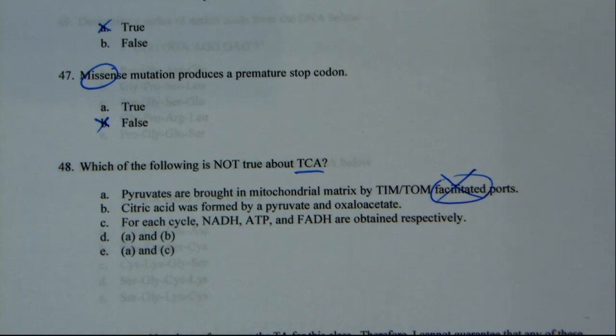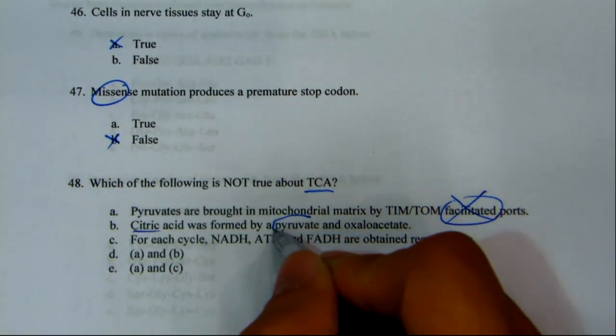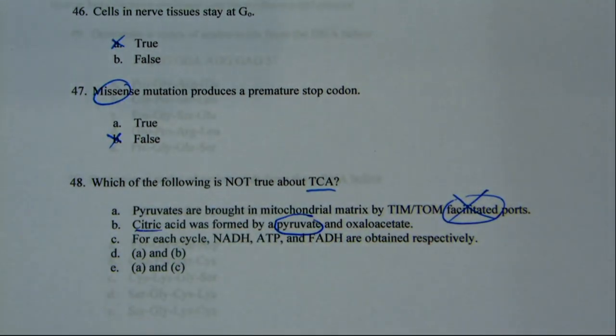I myself make mistakes several times. Citric acid was formed by a pyruvate and oxaloacetate. Is that correct? This is correct until here. Citric acid was formed by what?